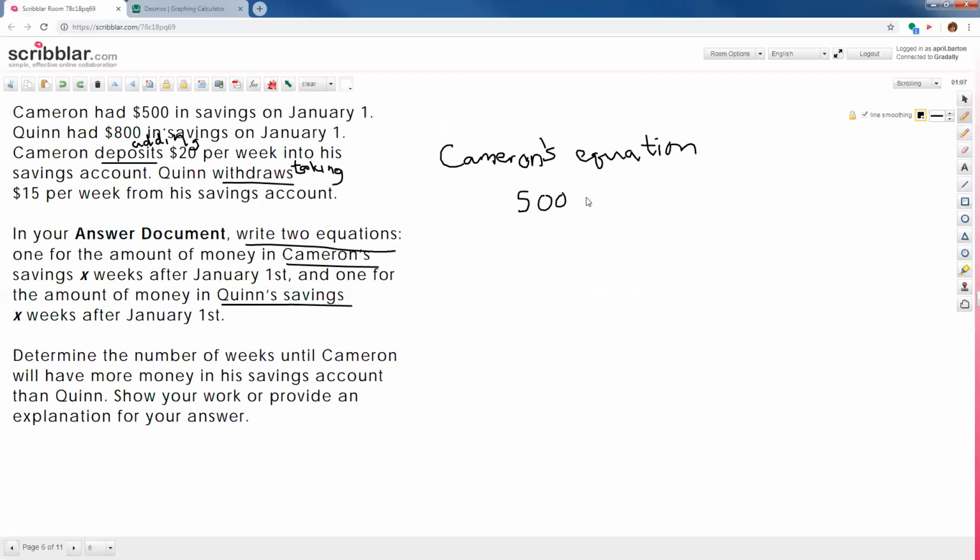Per week. So deposit, we said, was adding. We said specifically it's 20. And then per week means you're doing it over and over again. And that's where we actually get the variable. They said specifically X weeks. So the per week means we put the letter X next to the 20.